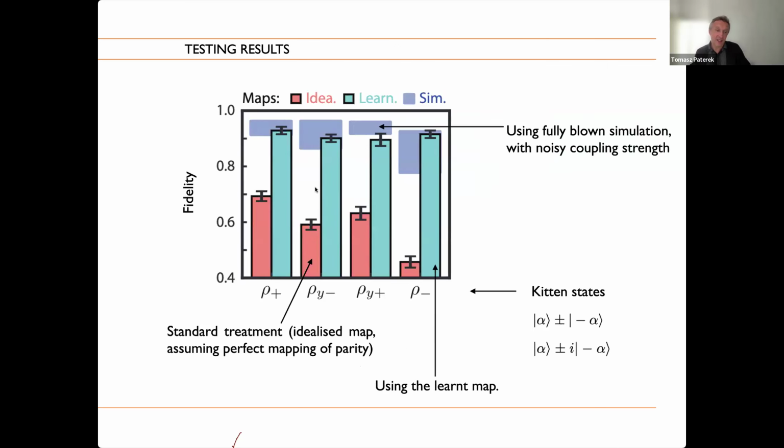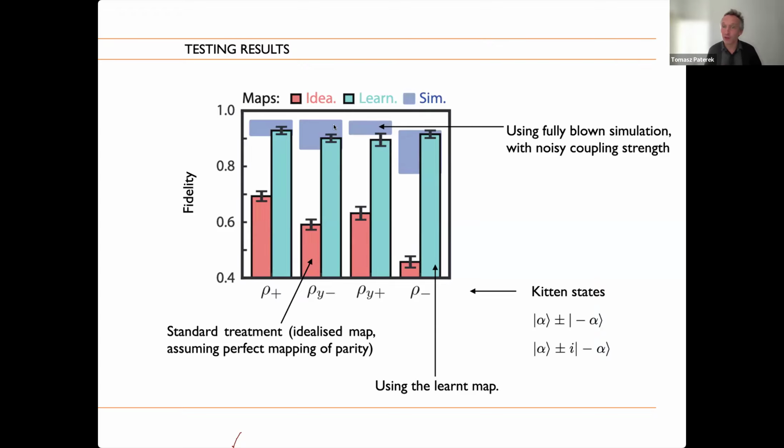This is a visual comparison, and here really Schrödinger cats were prepared, or rather Schrödinger kittens, as people often discuss in this field. It's the alpha coherent state plus or minus the minus alpha coherent state. And this is the quantity that tells you how good your reconstruction of the process is. It turns out that our results are this light blue color. The previous methods are the red color, and there is something better than us, as you see.